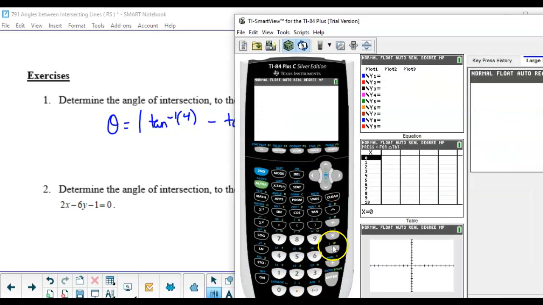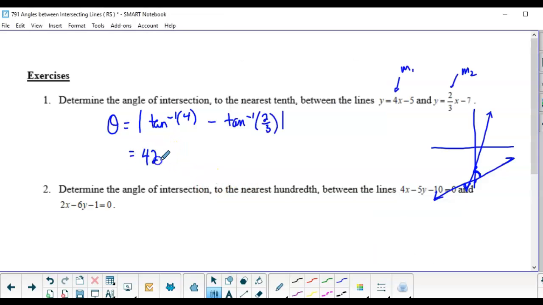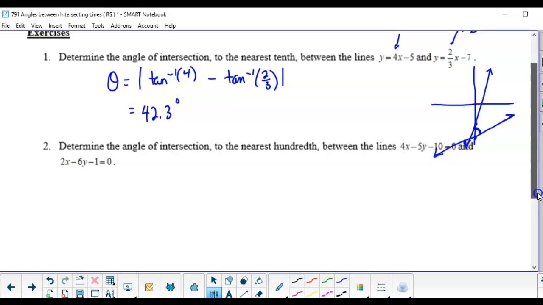Okay, so now second tan of 4 minus second tan of 2/3. Okay, and it's already positive, so 42.3 degrees. Okay, kind of looks like that even from my rough sketch.